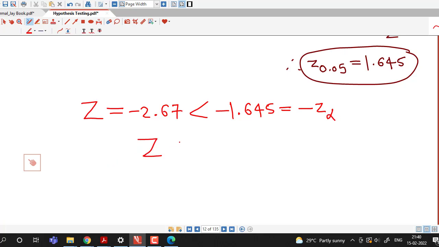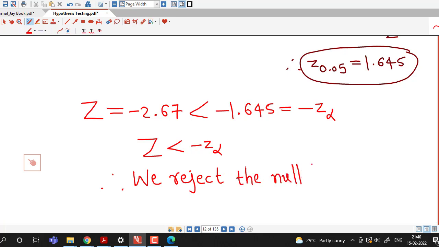That is, z is strictly less than minus z alpha, therefore we reject the null hypothesis, because this value falls in the rejection region. We reject the null hypothesis, which we denote by H naught.